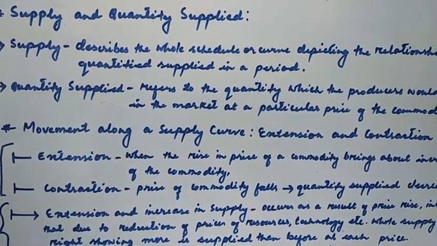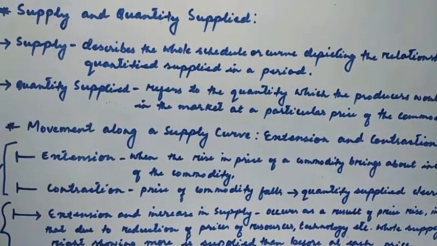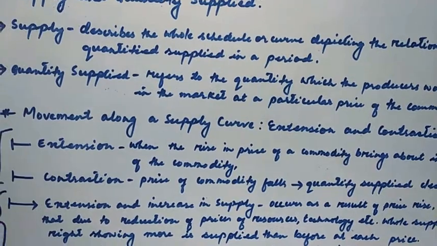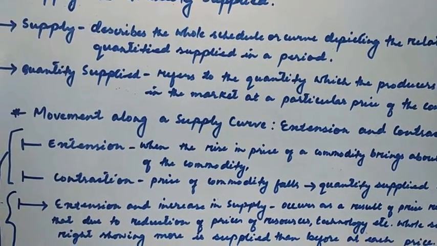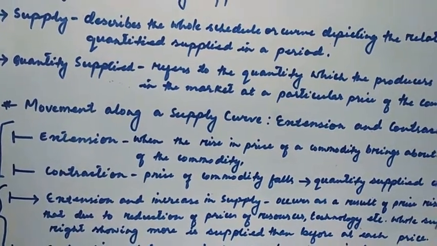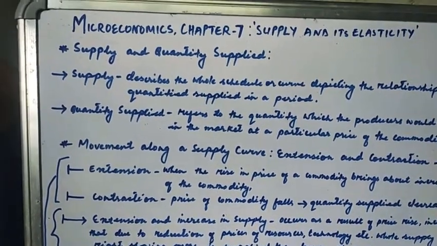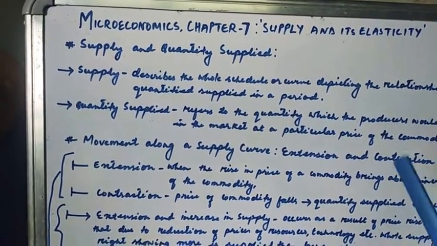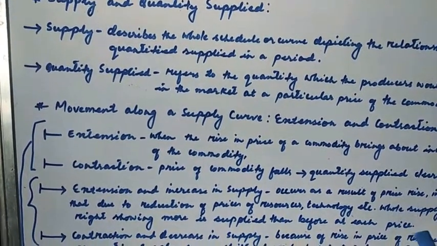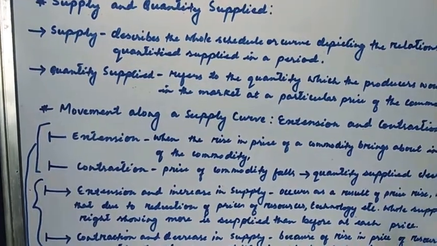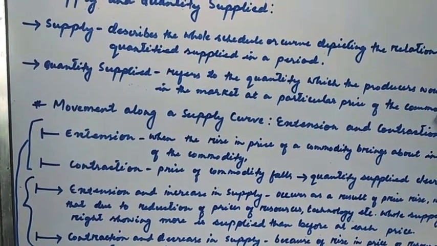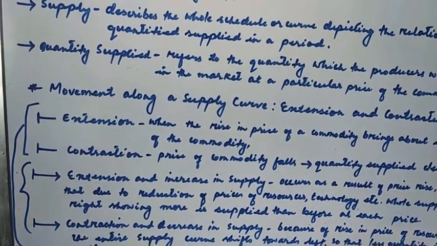the quantity supplied, the amount of commodity that will be supplied, varies with changes in the price of the commodity. Prices will determine how much quantity of a commodity will be supplied in the market. So it varies from price to price what amount of quantity is to be produced.